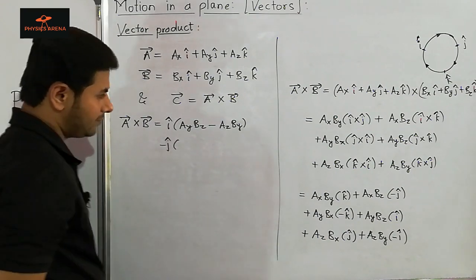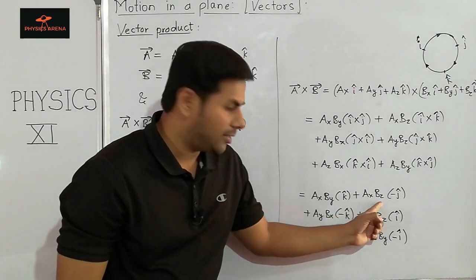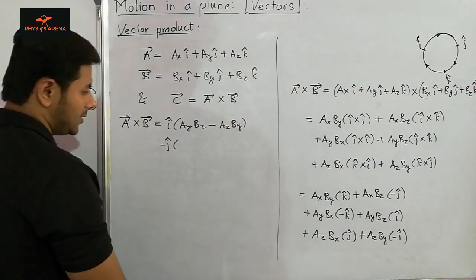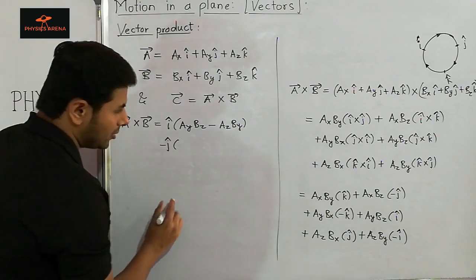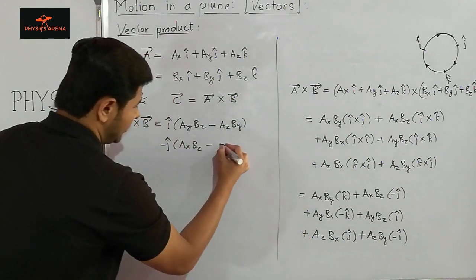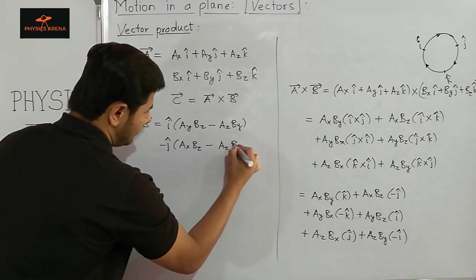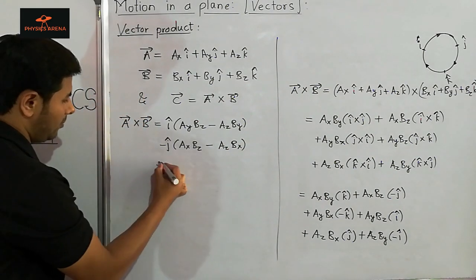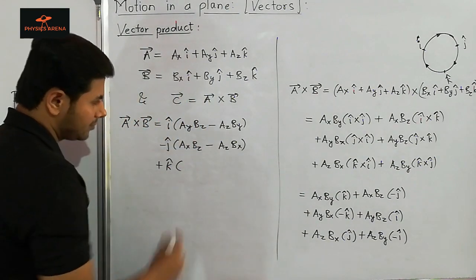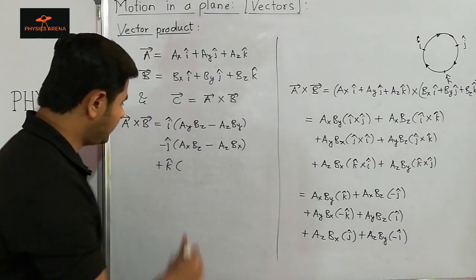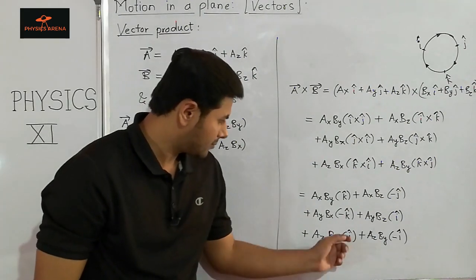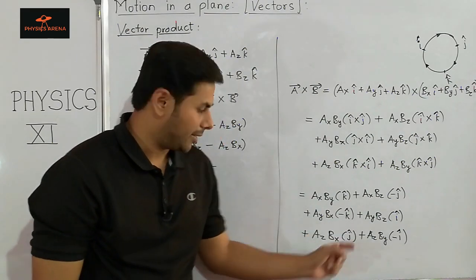Minus j cap times ax bz from here, minus az bx. It is positive, but I have taken this negative sign common, so this becomes negative: ax bz minus az bx. Plus k cap times ax by minus ay bx.